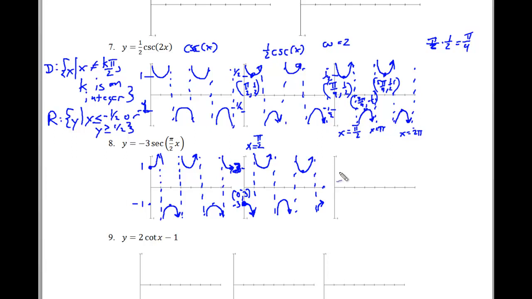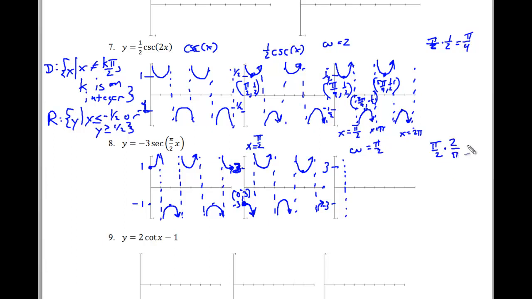All right, so we're moving on to this problem here, which is going to be 3 and negative 3. We've got to work with this cycle change right here. So our omega in this problem is pi over 2. I'm going to take my first tick mark, which happens to be the asymptote line at pi over 2, and divide that by my omega, which really is going to flip and multiply.